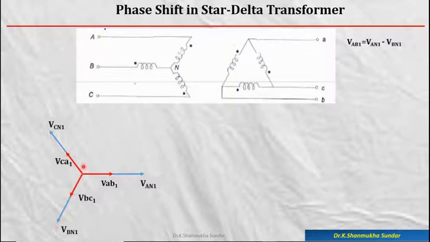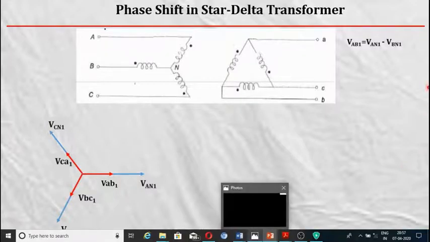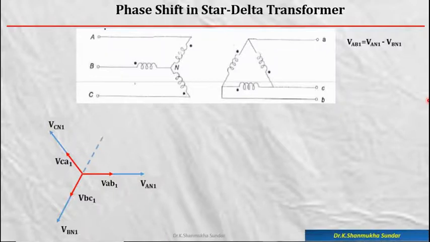Construct the vector which is in opposition with VBN1. So this is the vector minus VBN1. You take the antiphase vector, so we will get minus VBN1.